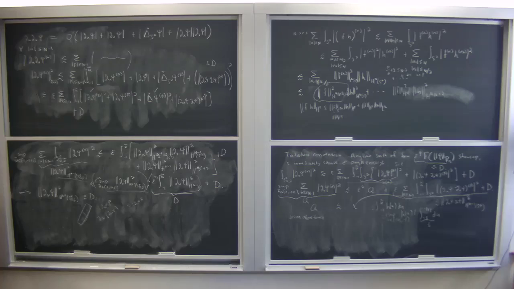First of all, I control this. I can immediately use the fundamental theorem of calculus, and I can use this to control this. By the fundamental theorem of calculus, just integrating in the v direction on the spheres, I can just get this.